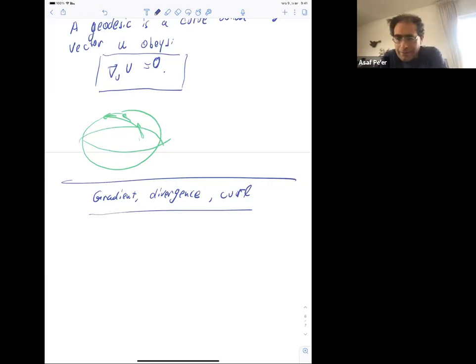I won't surprise you now if I tell you that what you were told are really specific cases of the most general derivations, which you actually did right here. By using what we just learned, you can derive these for any set of coordinates that you like, not necessarily the ones that you were taught in first year or second year. So, for example, what is the covariant derivative of a scalar function?